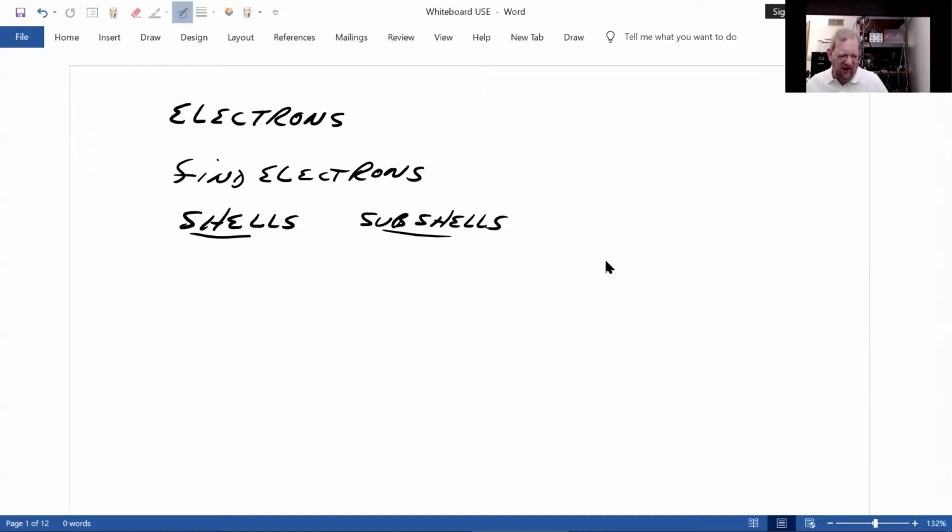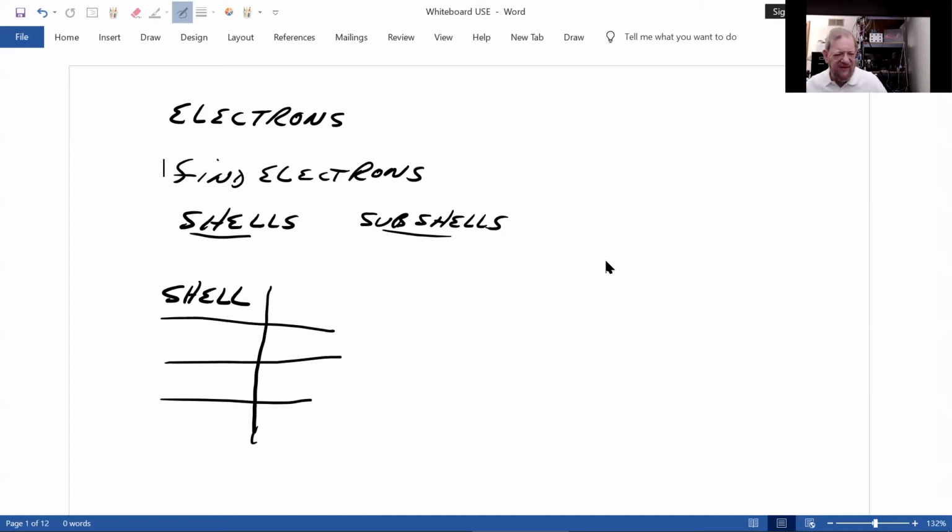Now, one of the things I taught you was the shell names, and they're very complex. And also how many subshells each shell has. The ampersand right here means number of subshells. And the shells are 1, 2, 3, and 4.